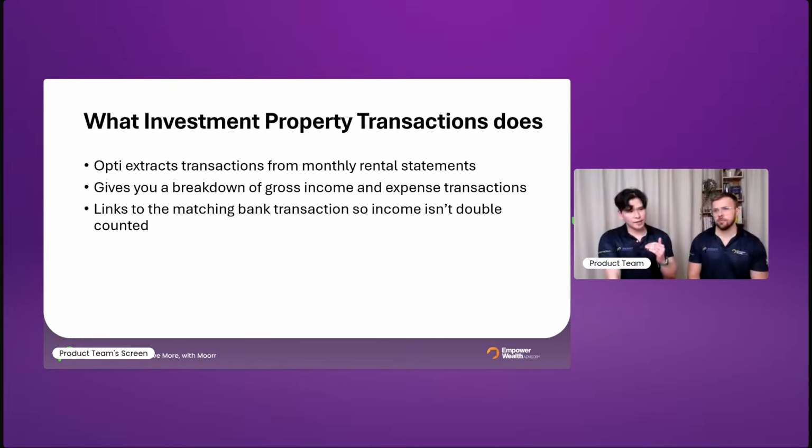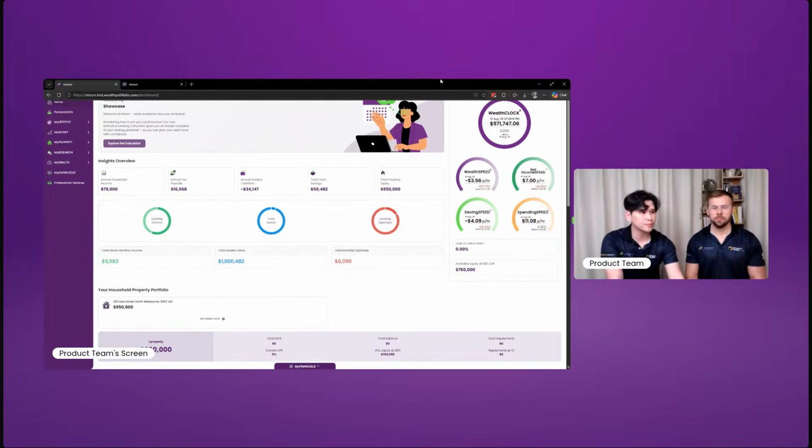So that gives you that breakdown, and then we'll also give you the option to match optionally to an existing bank transaction that's already in the portal. So if you've got open banking or you've used a CSV import transaction, we just want to make sure that if that already exists and you're uploading the rental statement, if they're the same thing, you don't want to be double counting that. And finally, I'll launch into a really quick demo as to what that looks like.